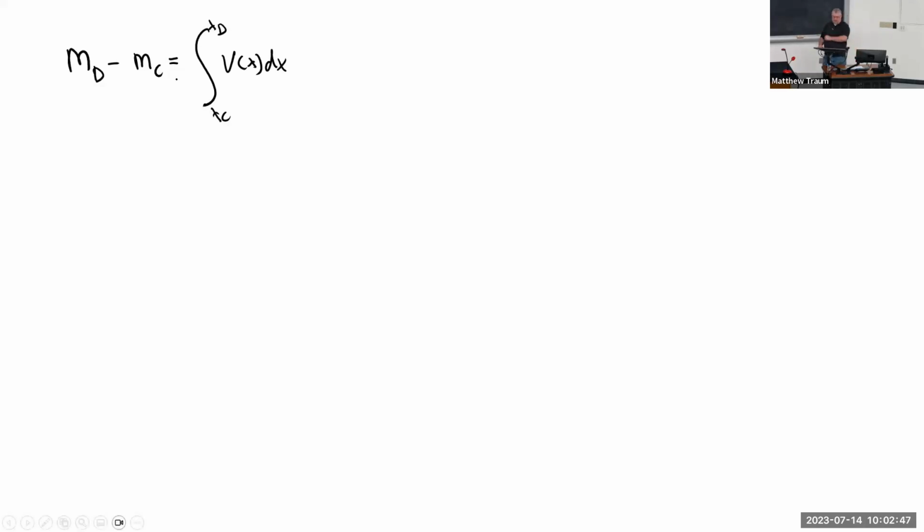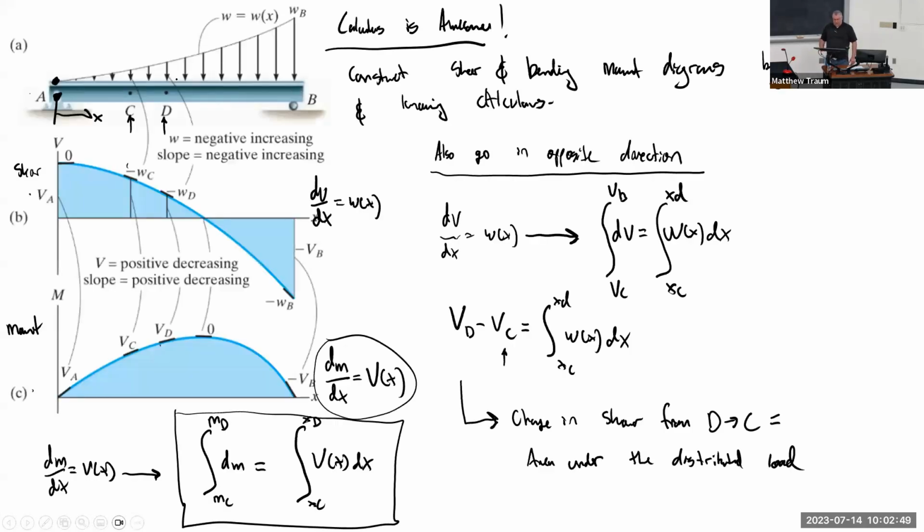I can even try to write it here, but I was worried I would run out of room. So this is M_D minus M_C, and that's equal to basically the same thing: the integral from x_C to x_D of V(x) dx.